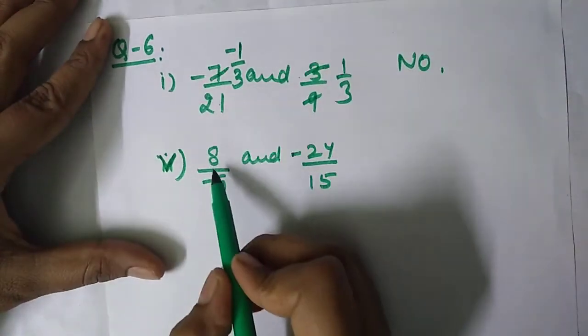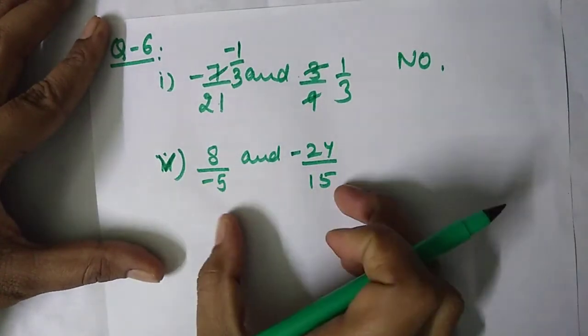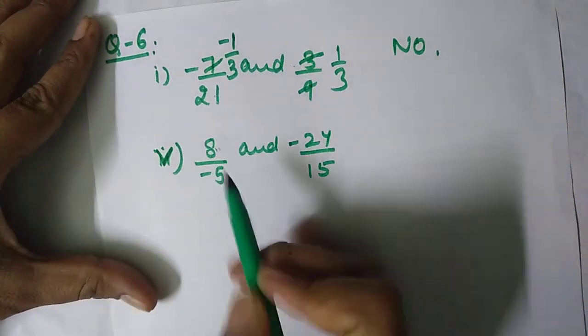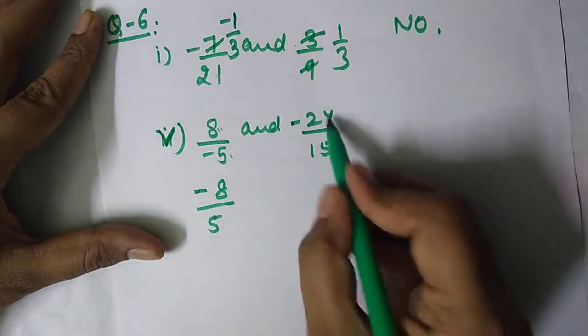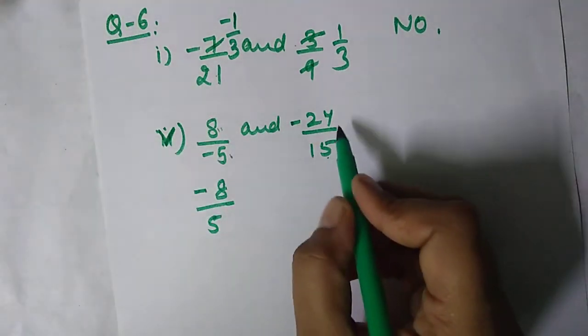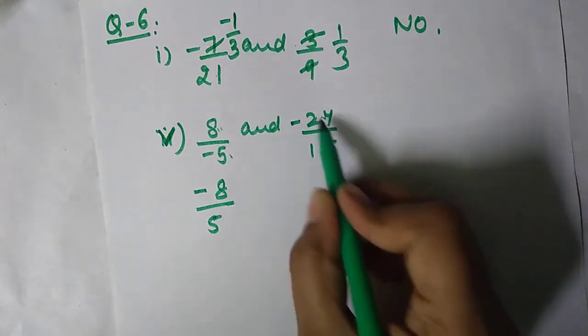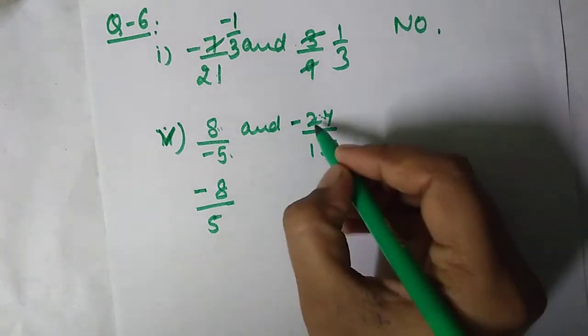Now you have to compare this fifth part. You have to tell whether this pair represents the same rational number or not. This is already in simplest form, and this can be written as minus 8 by 5. Now this is not in simplest form, so I have to convert it into simplest form. Numerator and denominator get cancelled with 3 because they both are divisible by 3.